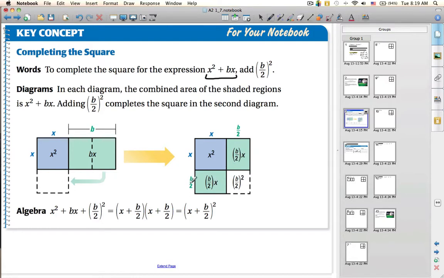This length is half of the b, so I divide it by 2. In the end, this distance is b divided by 2, and this distance is b divided by 2. Together these make b divided by 2 squared. When I add that value in here at the end, this simplifies to being this value.